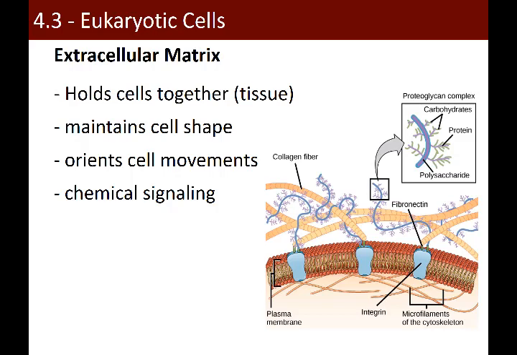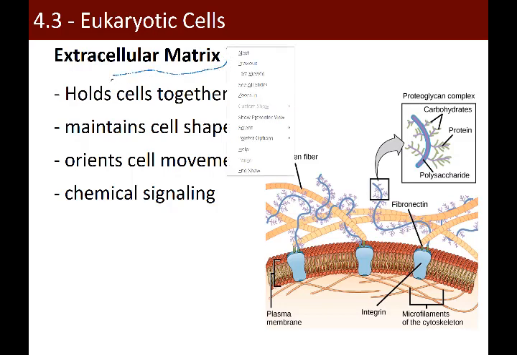Okay, then I want to talk a little bit about what is on the outside of the cell. And so, even when we have cells in a tissue where they're right next to each other and they're forming a whole sheet, we have a little bit of space between those two cells. And that space is filled with what we call the extracellular matrix.